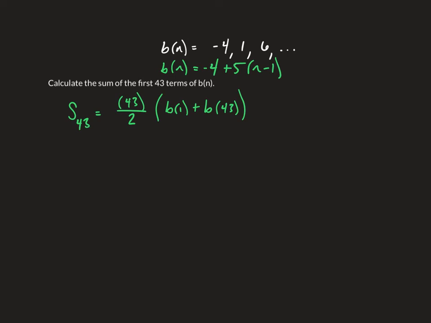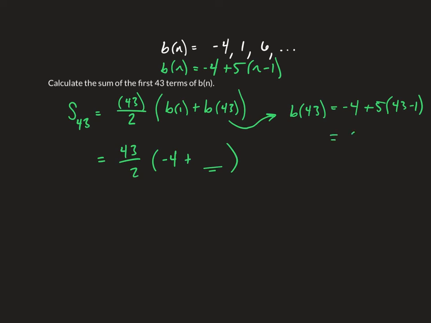All right, so some of this is pretty easy to calculate. I see that the first term is -4, but I don't know the 43rd term yet, so I do have to do a little bit of work to find that. And that's just going to require using this sequence formula that we just came up with, so it's good that we had that. So I want to find b of 43, which just means I need to do -4 plus 5 times 43 minus 1.